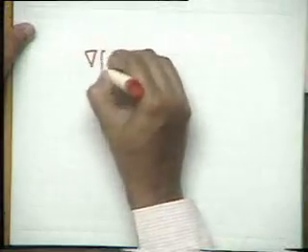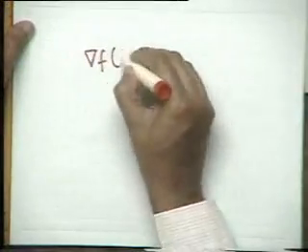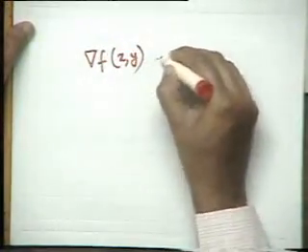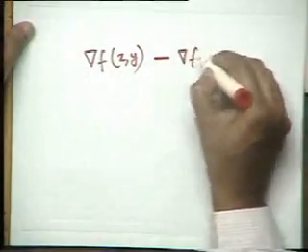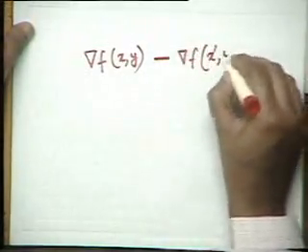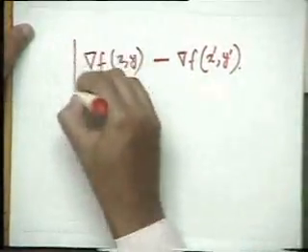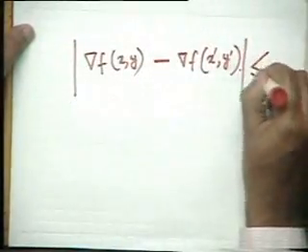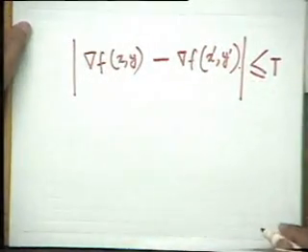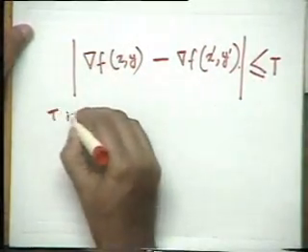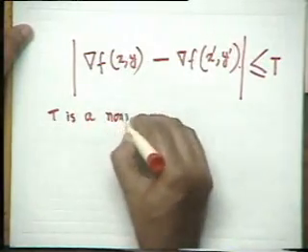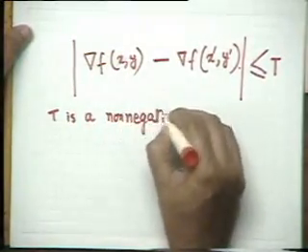Now we will compare the magnitudes of the gradients at xy and x prime y prime. The magnitude of the gradient we normally denote by del f. So we see that the magnitude of del f(x,y) minus del f(x prime, y prime) should be less than or equal to some value T, where T is a non-negative threshold.